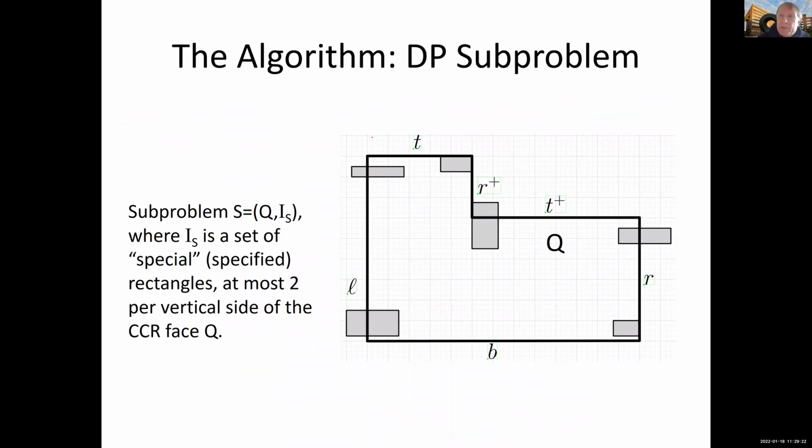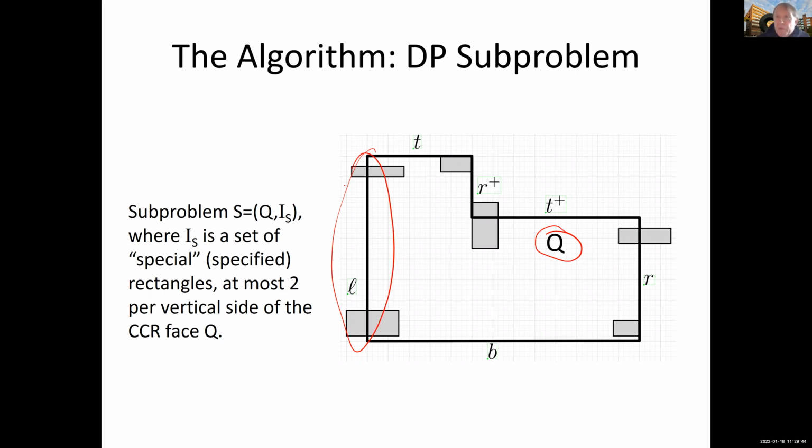Then the algorithm is going to be based on dynamic programming, where the subproblems are defined by CCR faces, Q, which have constant complexity, and they're nearly perfect, so there might be at most 2 rectangles that cross or are penetrated by a side of this subproblem.